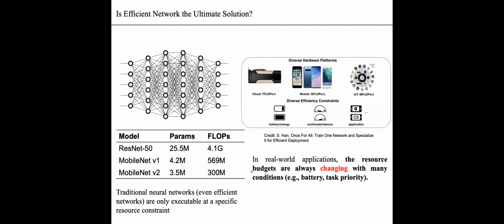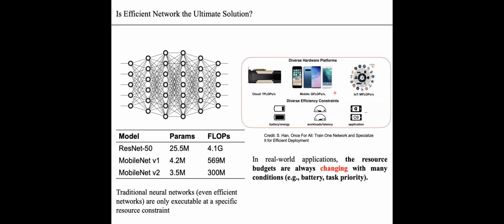But in real world applications, we have diverse or heterogeneous devices with different computing resources. We have desktop-grade GPUs, we have mobile phones, and maybe even smaller devices like microcontrollers, where the computation resource is very limited. So a single network is not able to optimally fit all these diverse hardware platforms.